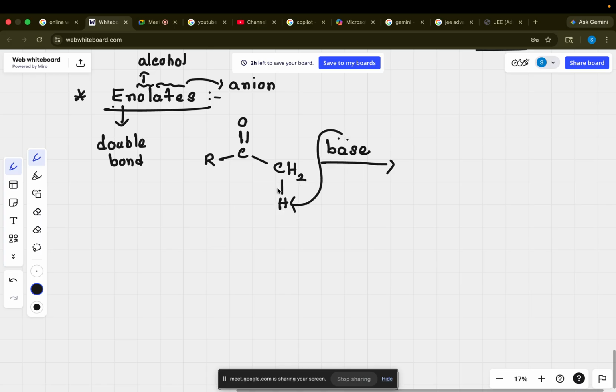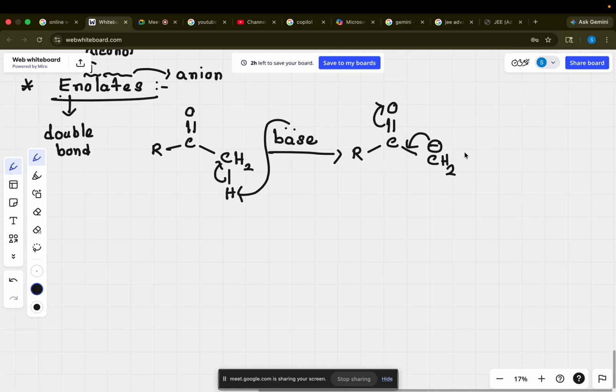What I am getting is R-C double bond O, and here you have CH2 minus. So this is the carbanion you are getting, but this CH2 minus is in conjugation with this double bond O. So this will break.